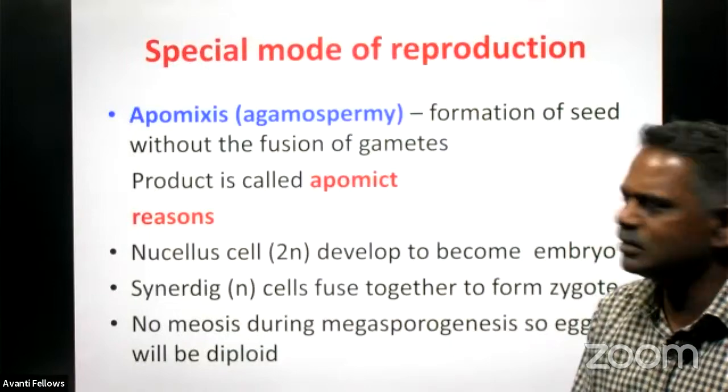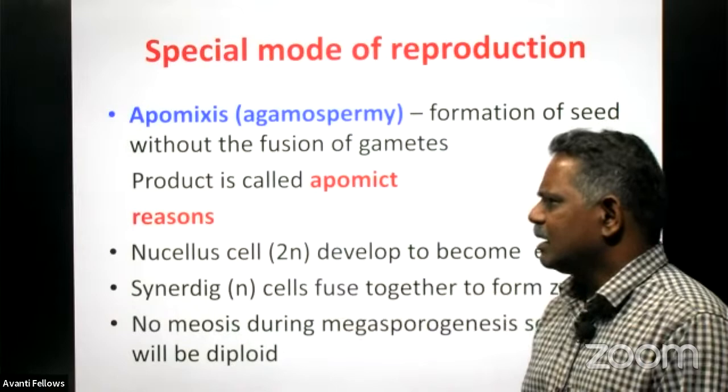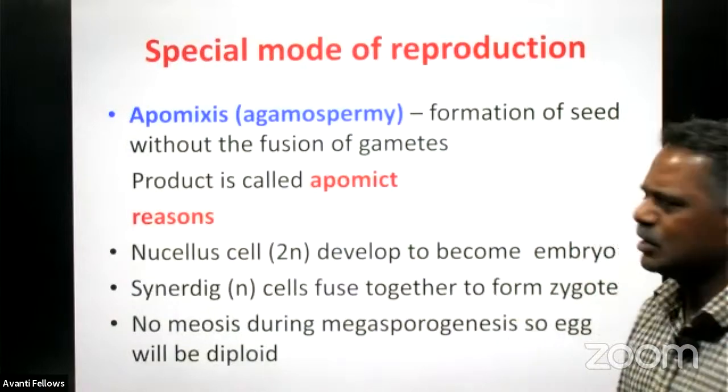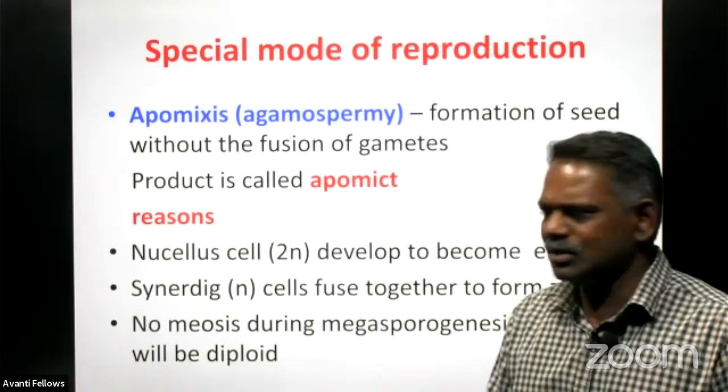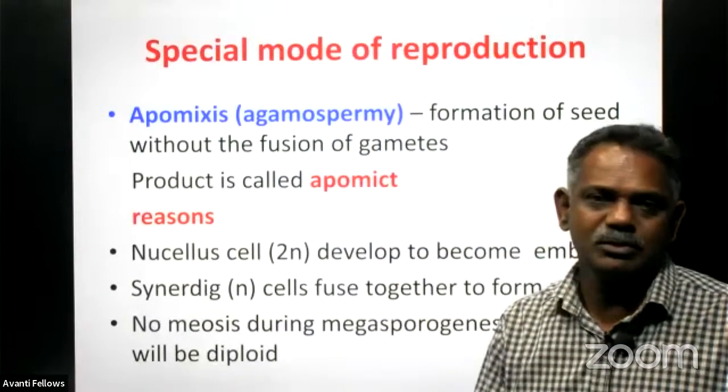The apomixis or agamospermy. Then let us see what are the reasons for the formation of such type of seed without fertilization, or what are the reasons for the apomixis or agamospermy.